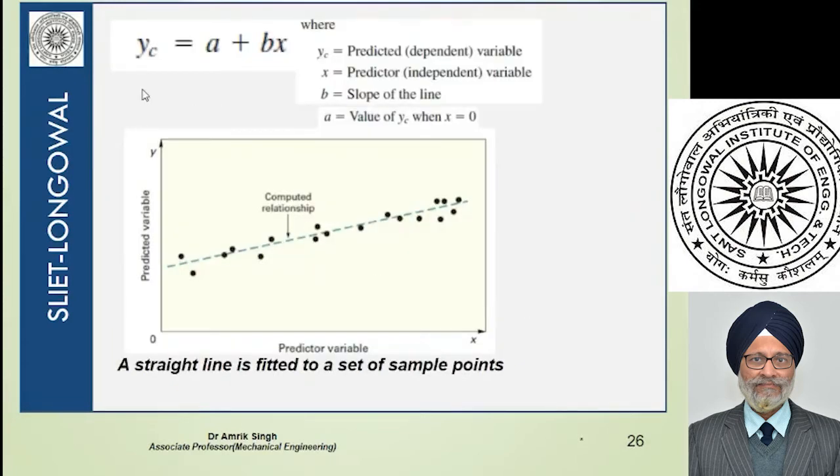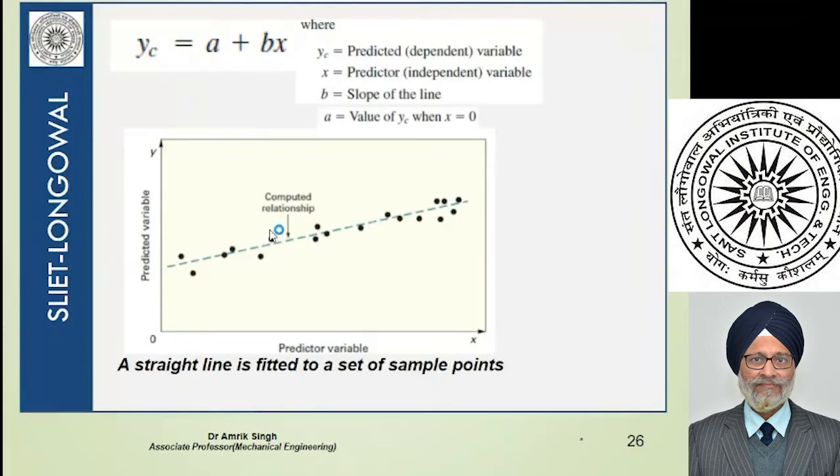Now regression: Yc is a plus bx. Yc is the predicted or dependent variable, and X is the predictor, or independent variable. B is the slope of the line, and A is the value of Yc when X is 0.